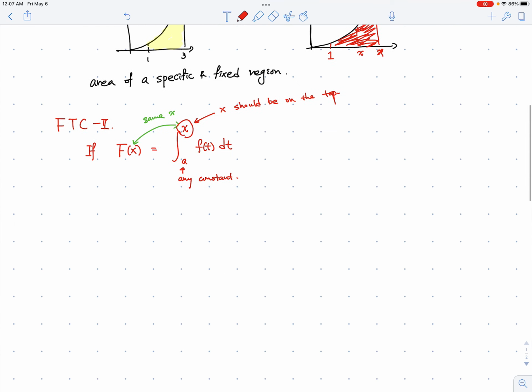All right. If this happens, then the theorem tells you that the derivative of this function is equal to literally just the little f of x.